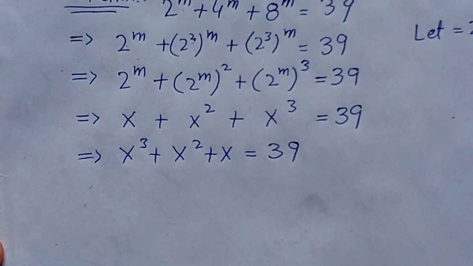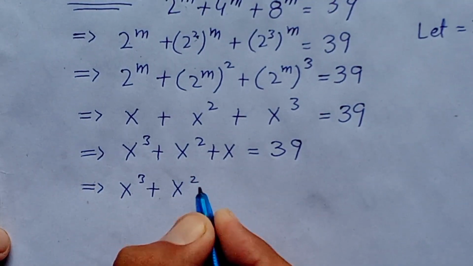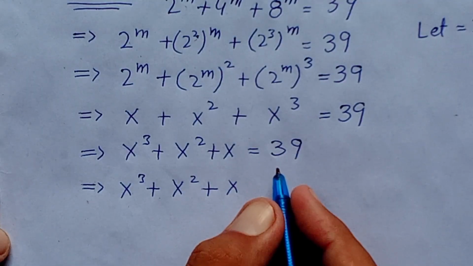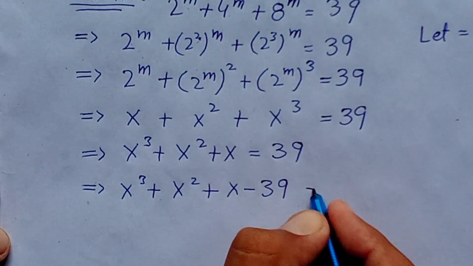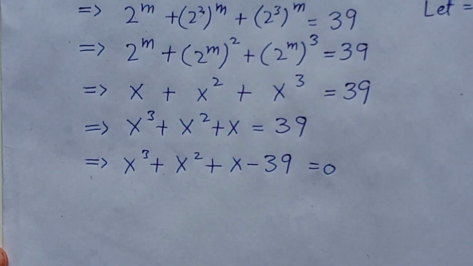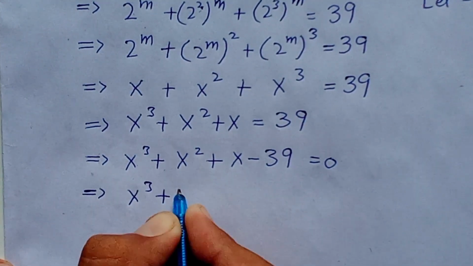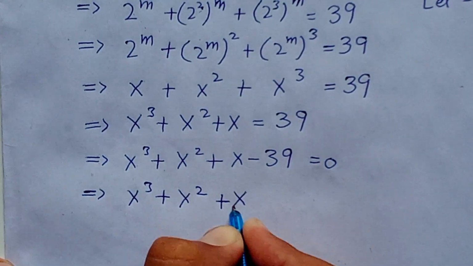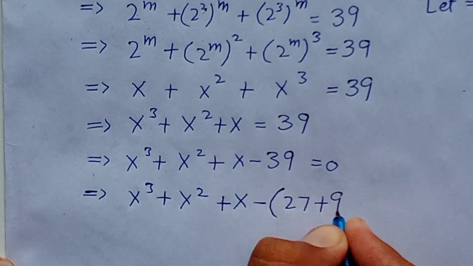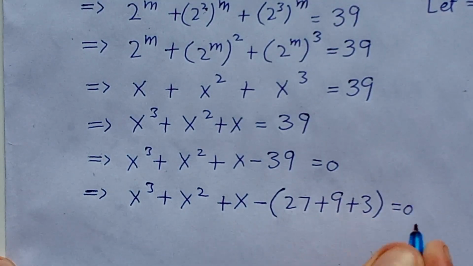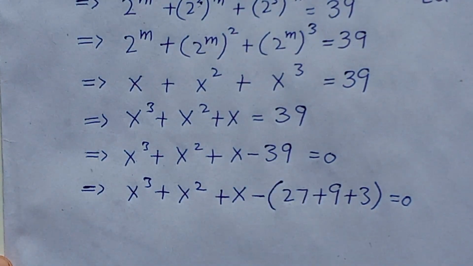Now I can bring 39 to this side, so it will be x cube plus x square plus x minus 39 equal to 0. Now in the next step, I can write 39 as 27 plus 9 plus 3, because when we add 27 plus 9 plus 3, the answer is 39.